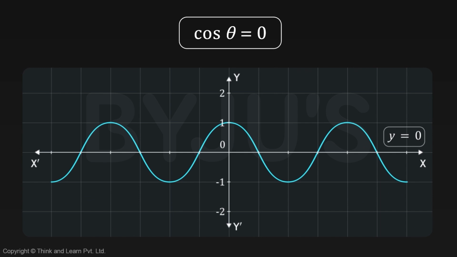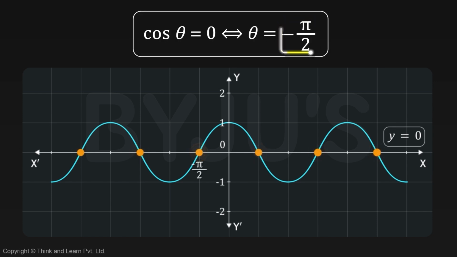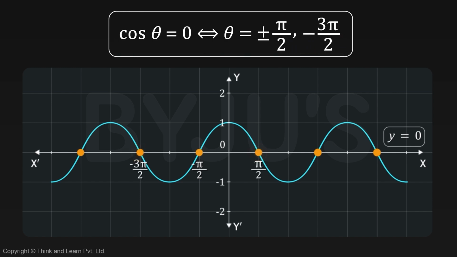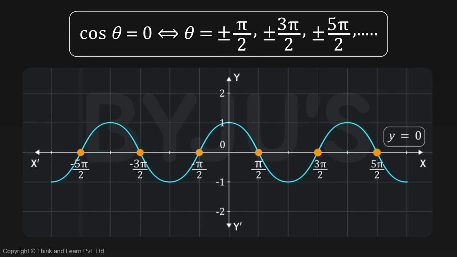Now, catch hold of the x coordinates corresponding to all these intersection points. What do you get? Minus pi by 2, plus pi by 2, minus 3 pi by 2, plus 3 pi by 2, minus 5 pi by 2, plus 5 pi by 2, and so on.